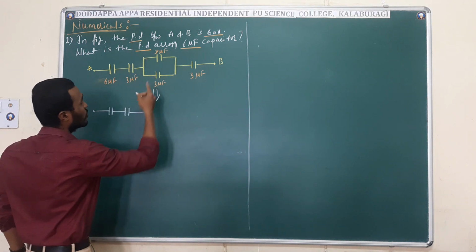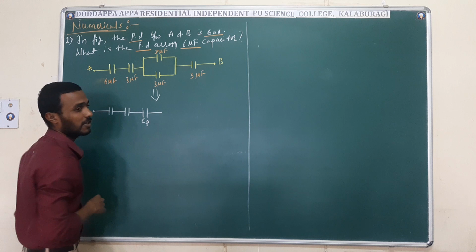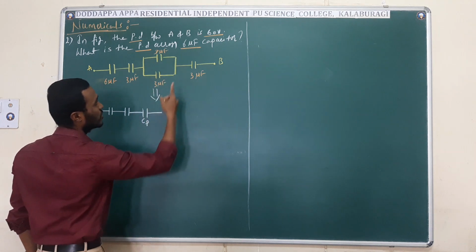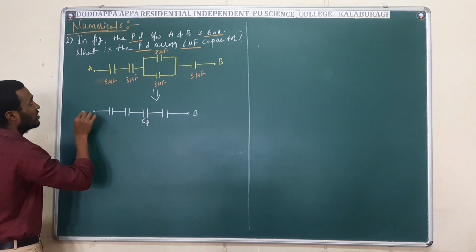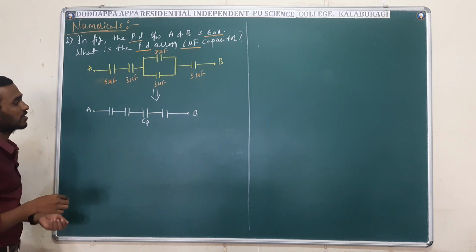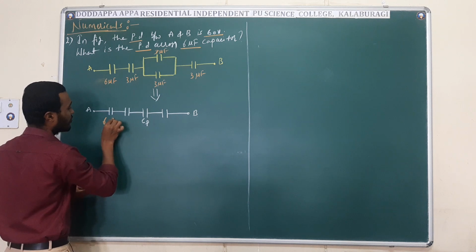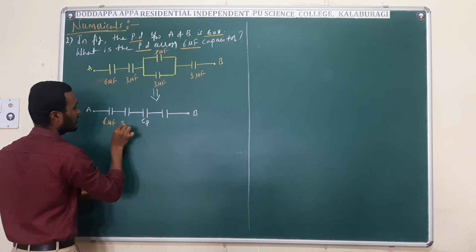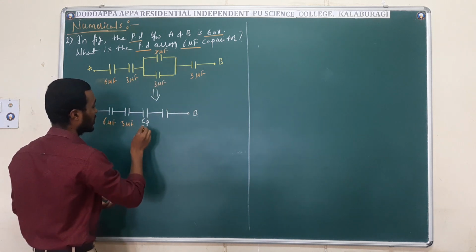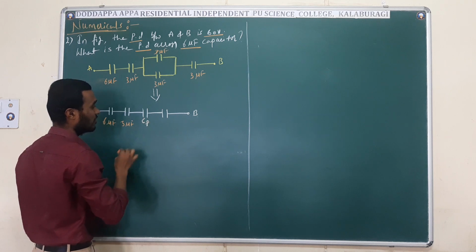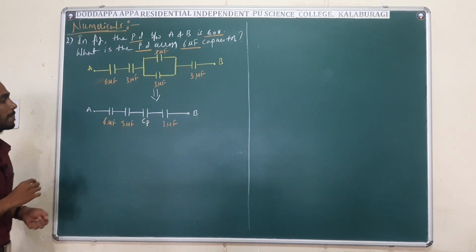By using these 2, we get one answer, which I will represent as Cp. The remaining ones I will keep as they are. So this is our simplified figure of the given figure, right? I will write 6 microfarad, 3 microfarad, and Cp, which we will calculate later.